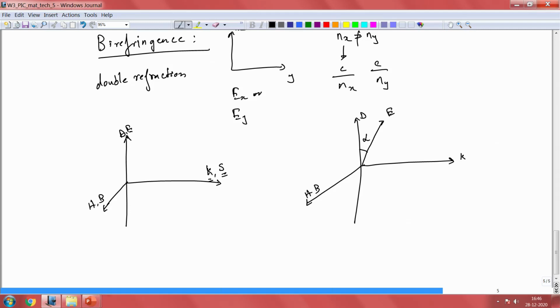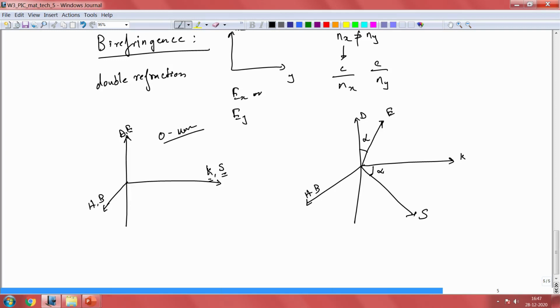So, because we have E not aligned with the principal axis here, what you expect to see, so this is O, is that your pointing vector will again have an angle alpha with respect to the direction of propagation.